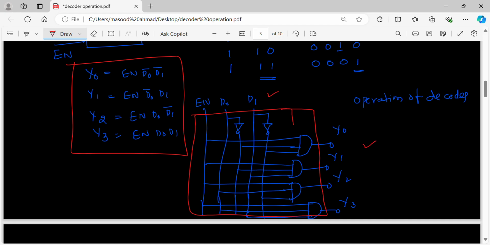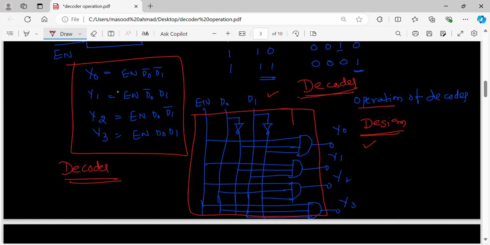This is what exactly decoder is. So we have derived a decoder, or I can say decoder design is done. So once you are provided with a name, you just know what is decoder. Operation is predefined. From it, we could understand the operation. We could make a design. Done.